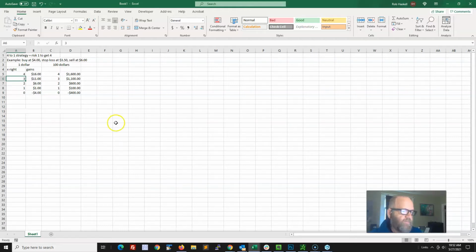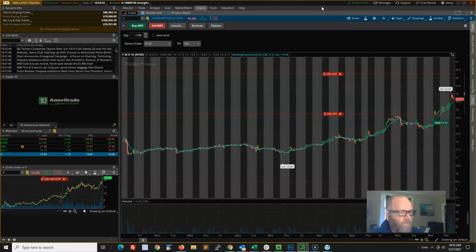Because you're not going to crash and burn in this scenario. The most you're going to lose is 4, and that's it. But you're going to gain a lot more than you can possibly lose. So that's the key in my mind: set up scenarios where you're always going to gain more than you lose, because there are going to be times when you lose. You just got to know that.